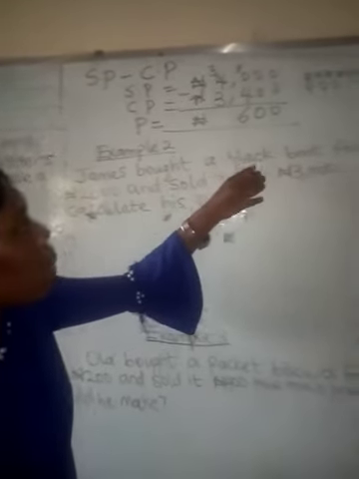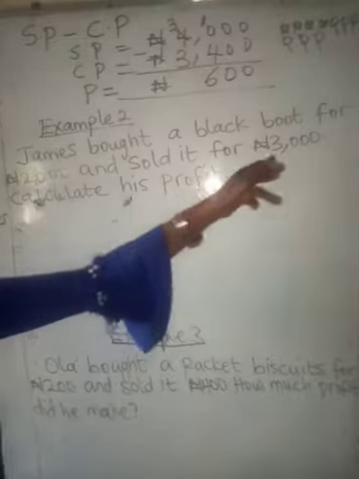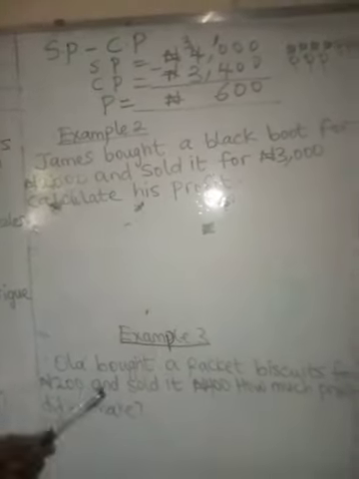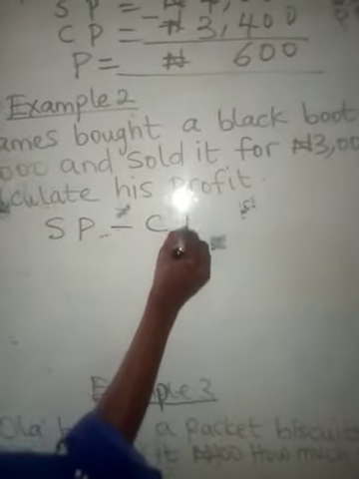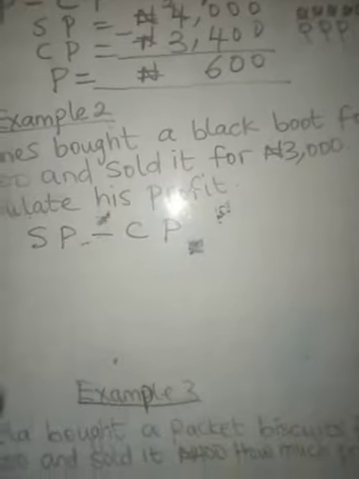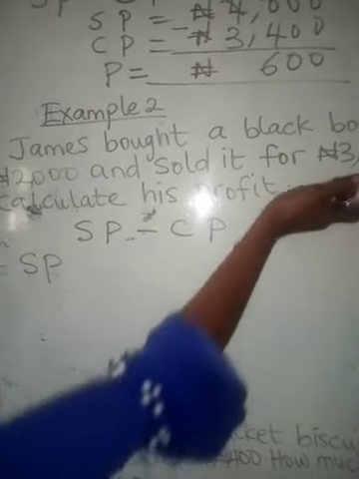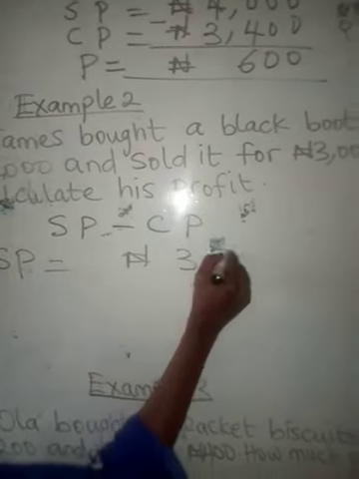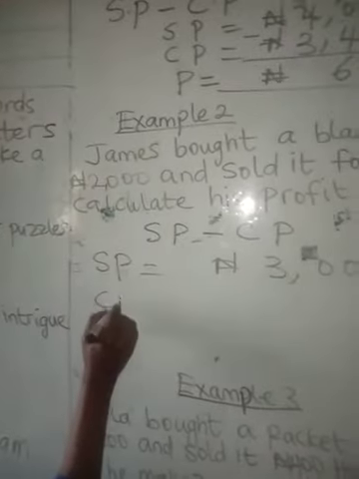James bought a black boot for 2,000 naira and sold it for 3,000 naira. Calculate his profit. The same way, selling price SP minus CP. Now what is our SP? The selling price here we know is 3,000 naira. And what is our CP, the cost price?